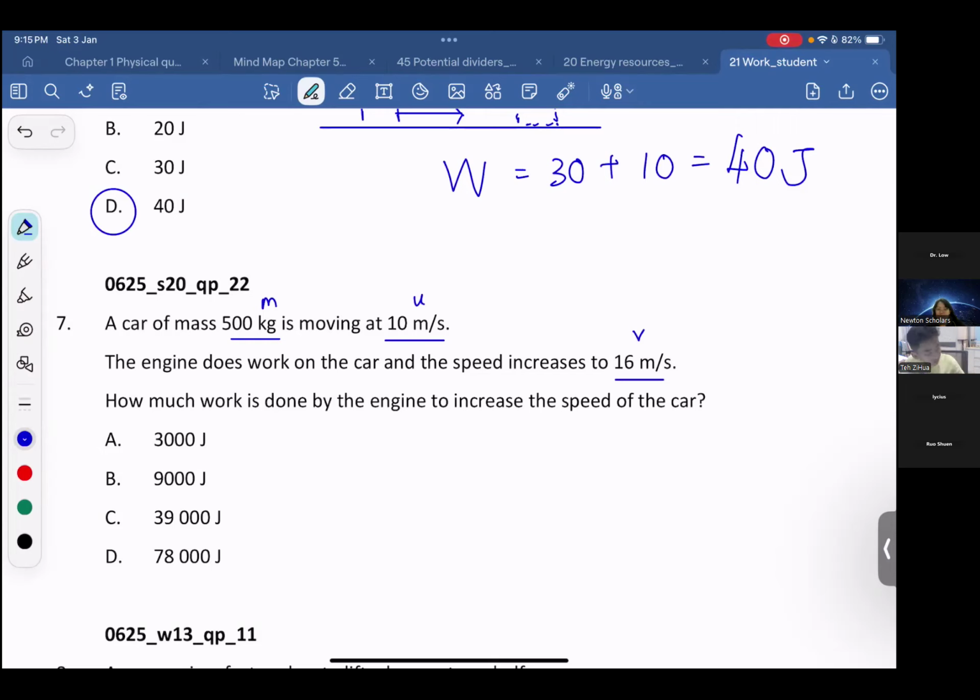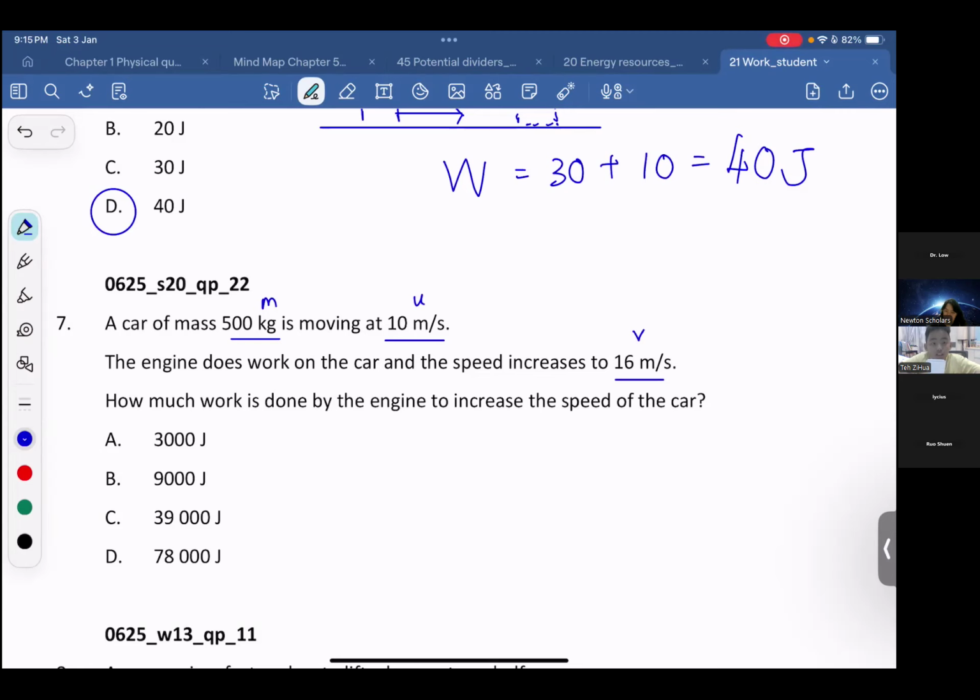Angeline, no? No? You directly minus, I know, you directly minus from the start. But no, actually you should count the energy for each of them. Then after that, it will only minus. You cannot at the start already minus the speed.